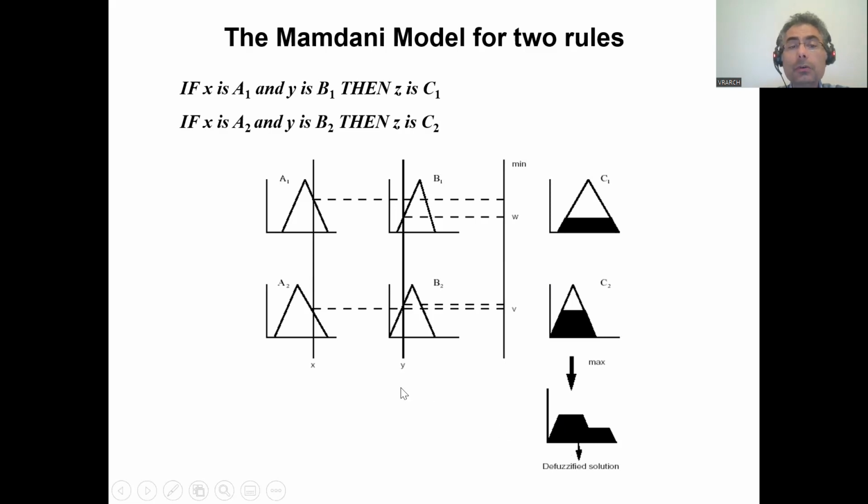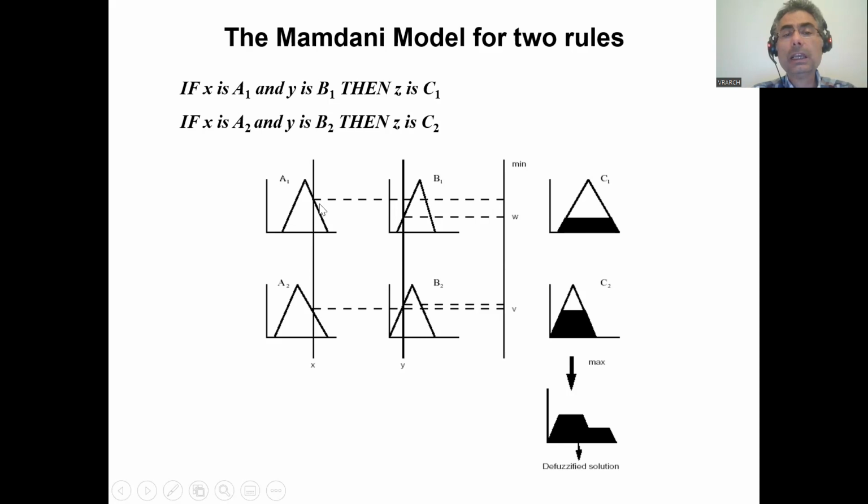Yeah. So for example, if x is a1 and y is b1, then z is c1. So both inputs and outputs are defined using membership functions. For the sake of simplicity, we used a triangular membership function here.